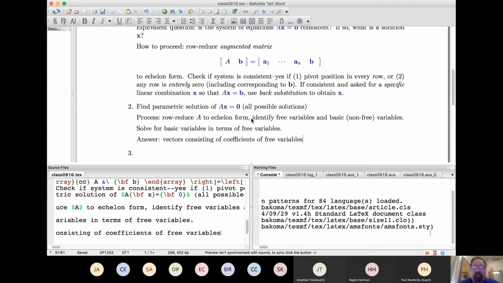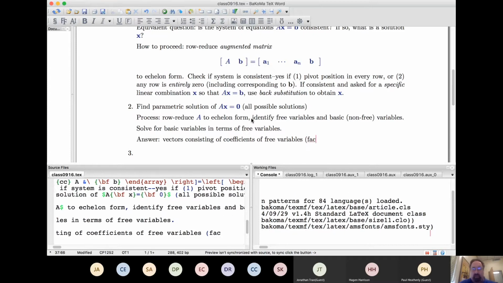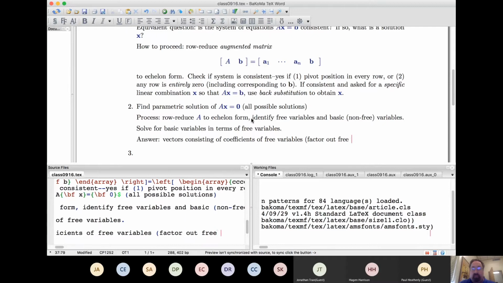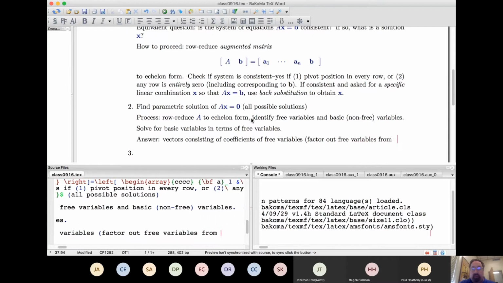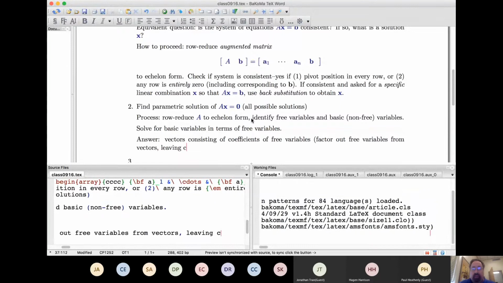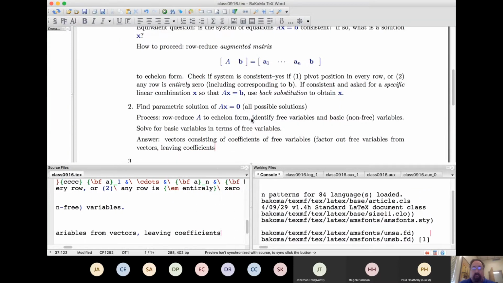Then you can write it as a sum of 2 vectors, one involving x3, one involving x4, and then you can factor out the free variables. So what's left in those vectors are the coefficients of those free variables.